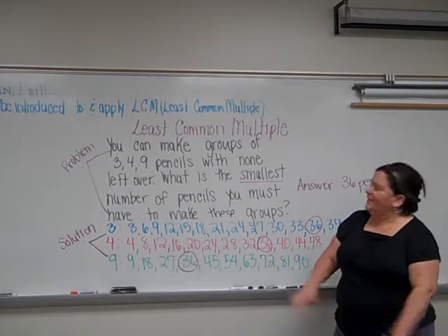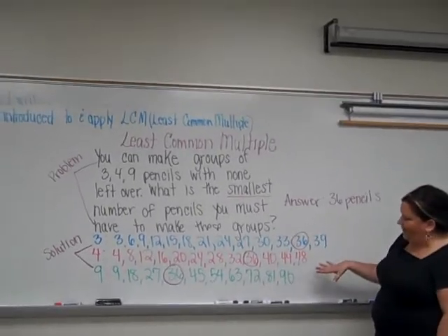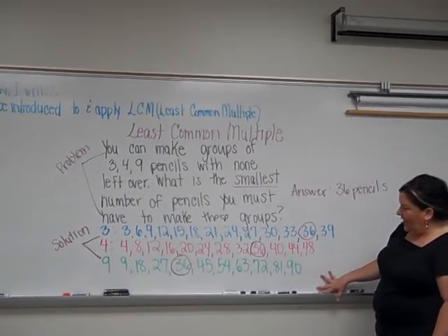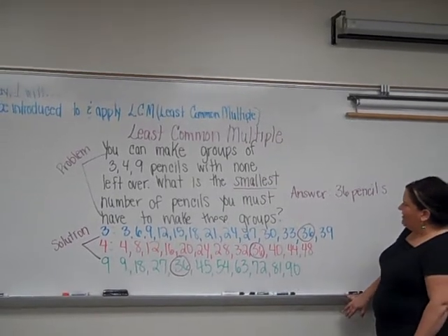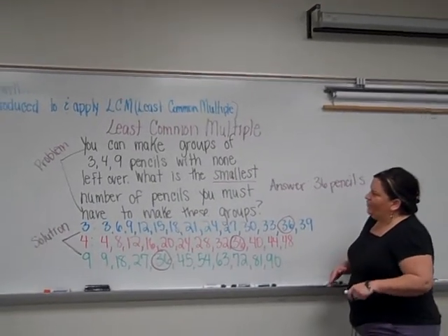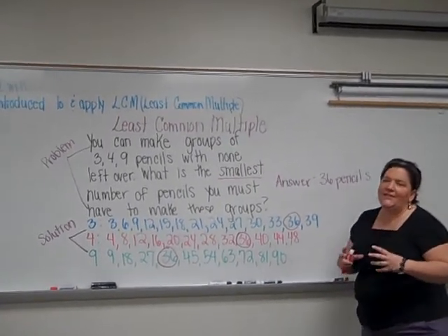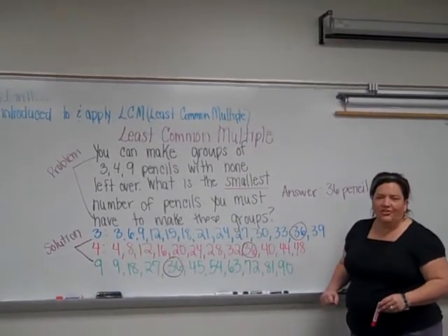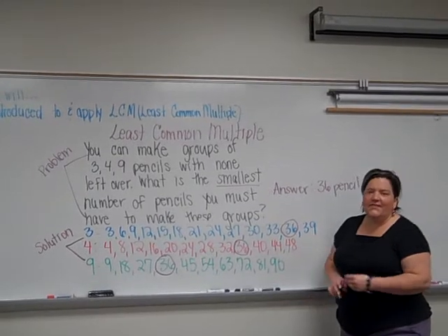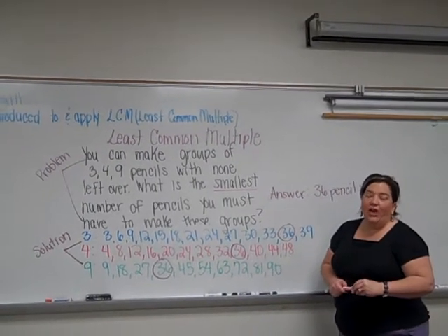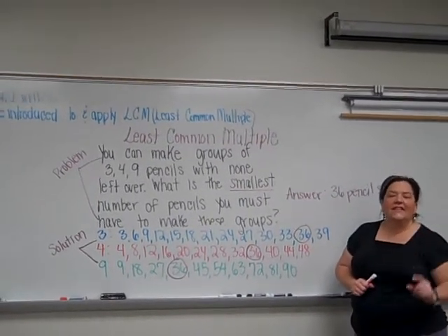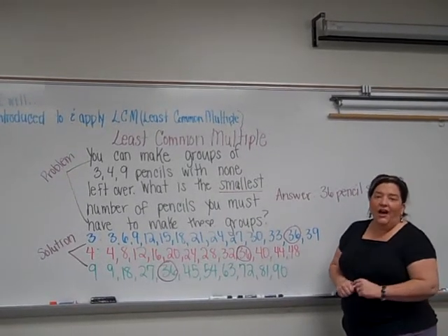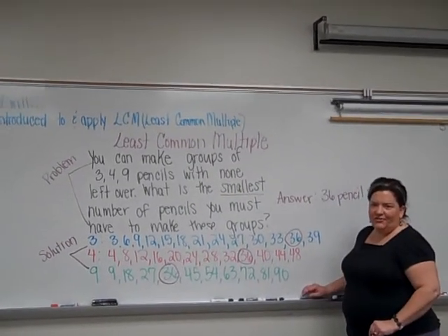So what I did is listed all the multiples of 3, 4, and 9, and I realized that the least common multiple, so we're looking for the smallest value that's common between the 3 integers. Let me say that one more time. We're looking for the number that has the least value among the 3 integers.